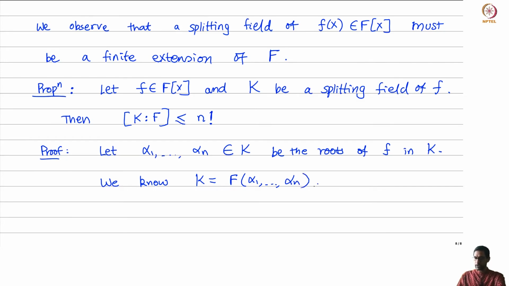Okay, so let's go in stages. Let's take the very first one of the alphas. Consider alpha 1 alone, and look at the extension: adjoin alpha 1 to F and look at the field F(alpha 1).